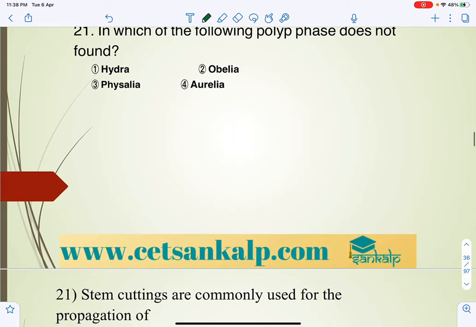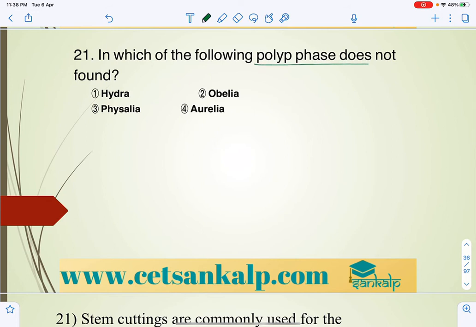Next, in which of the following polyp pairs is the polyp phase not found? Generally the polyp is a cylindrical structure with tentacles, and Hydra comes under the polyp.